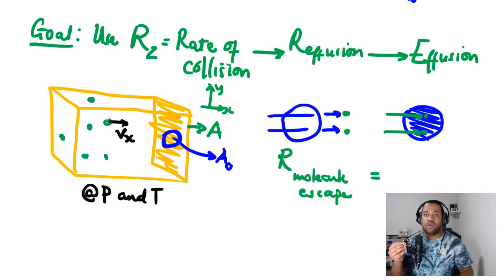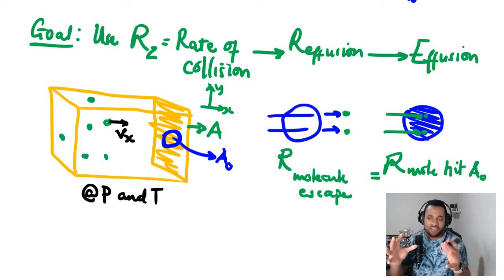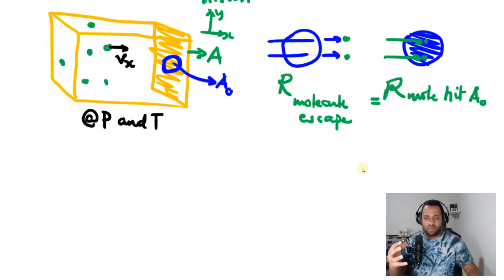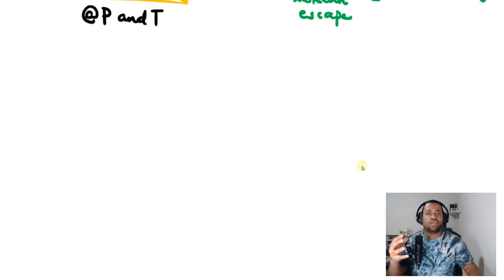So once the particles are hitting that system, we can show that there is an equal relationship between the molecules escaping and the molecules hitting the area, that is, the whole area without creating the hole. Now we're going to dive deep into the solution to our derivation method.